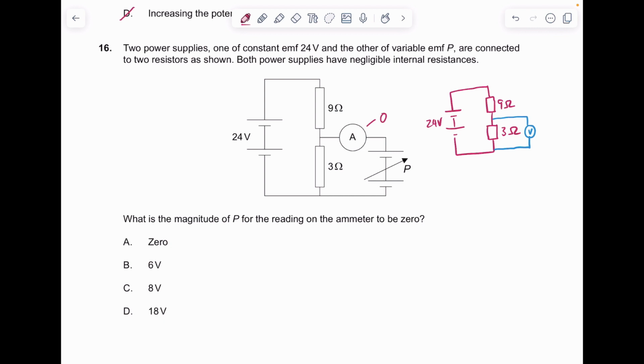You can do it in the ratios, but the current in the circuit then is 24 over the total resistance, 9 plus 3. So the current in the circuit is 2 amps, and that gives a value across the 3 ohm resistor of just 2 times 3 of 6 volts. So we need 6 volts across there if there's going to be no current flowing through that section. Essentially, if the ammeter is 0, it's behaving like an ideal voltmeter. We're just taking a voltmeter reading.